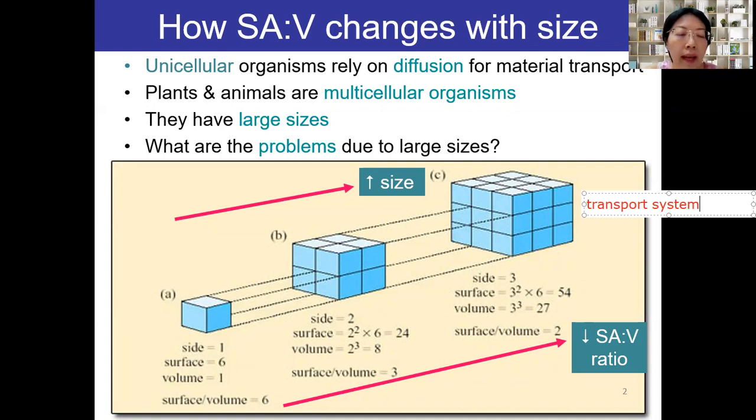So that's why you can see that as organisms get bigger and bigger, the body becomes more complex. There'll be more complex organ and system so that they can function efficiently even though they are big. Okay, so this is for you to understand very clearly the principle of this surface area to volume ratio.